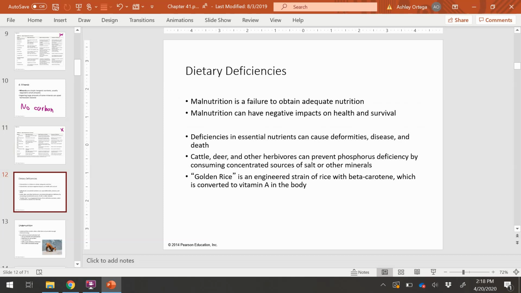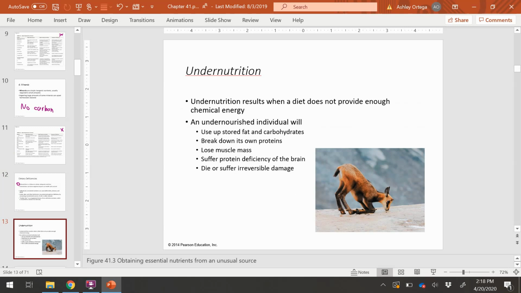Overall, though, malnutrition is a failure to obtain adequate nutrition, usually due to the sources available not having enough food. Compare that to undernutrition, which results when the diet does not provide enough chemical energy.